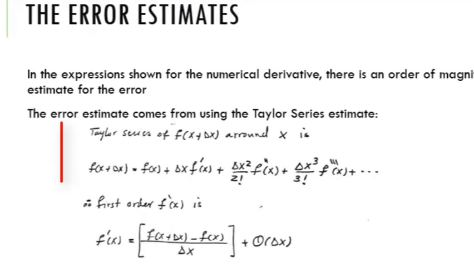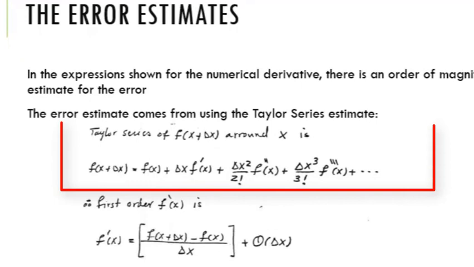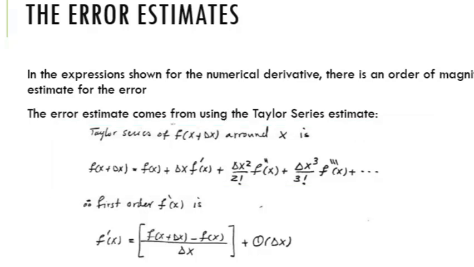If you write out the Taylor series for a function, f of x plus delta x is equal to f of x plus delta x times the first derivative of x, plus delta x squared over 2 factorial times the second derivative of x, plus delta x to the third power over 3 factorial times the third derivative of x, etc. So if we're looking for f prime of x, I can solve for f prime of x as f of x plus delta x minus f of x over delta x, plus some other terms.